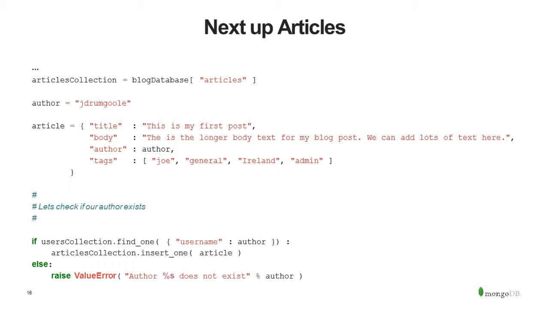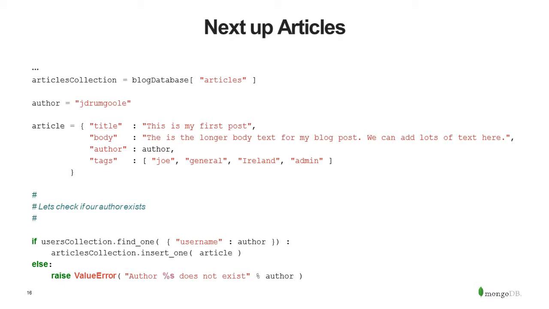We're going to do something in articles here that is essentially a validation check. So I know in my blog application I want users to be unique, right? So what I'm going to do is find the author and insert there. And if the author doesn't exist in the database, then I'm going to raise a value error because I know every author has to exist already.